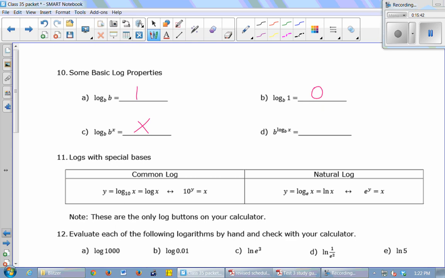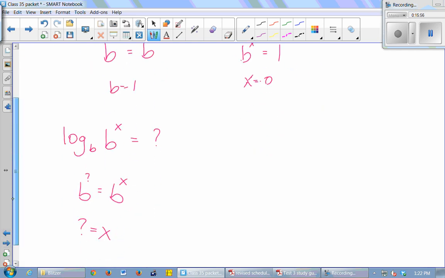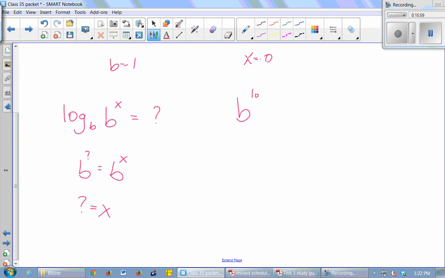So in that same line of thought, what is b to the log base b of x? It's x again. We'll write it all out. B to the log base b of x. Log base b of x is what? All right, so this is an exponent. This is b to some stuff equals a number, right?